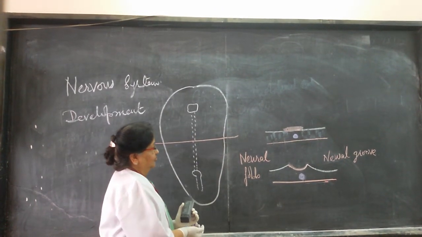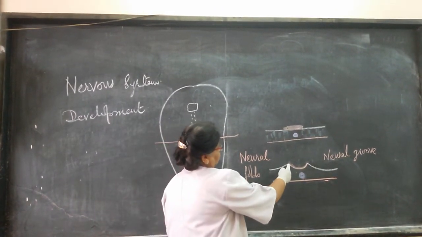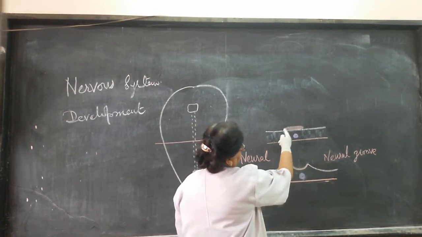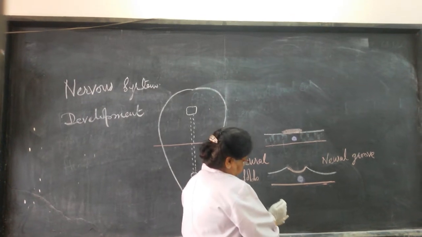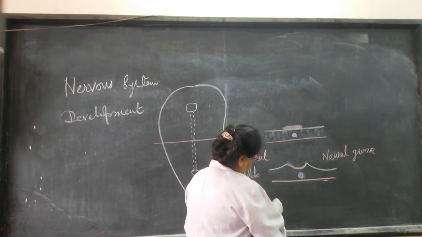With further growth, the neural folds, the edges of the neural plate, come closer and finally fuse with each other.